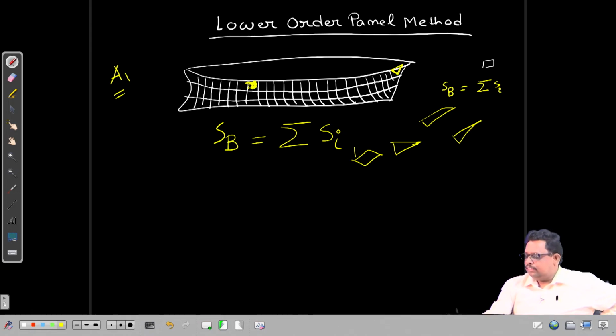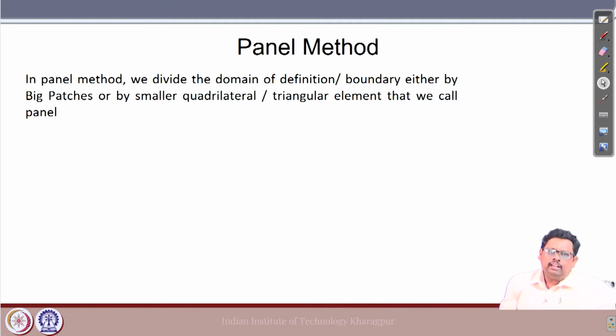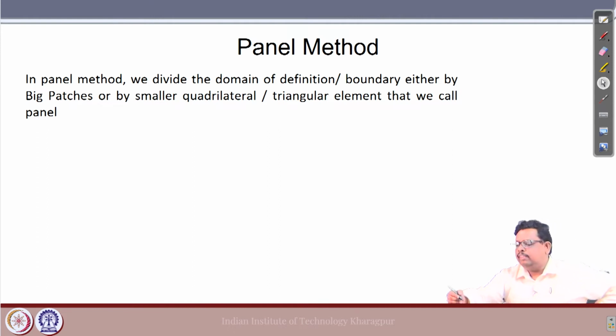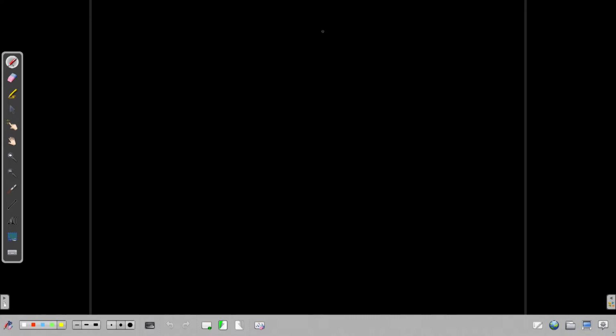Okay. So, when I talked about the first part, now it is clear when I say that we divide the domain of definition or boundary either by, okay, now big patches I missed. Let us go back again to see what is the meaning of the big patches. Now, for example, we try to draw a circle. How can we draw a circle numerically? Though it is not a perfect circle, how can we do that numerically?